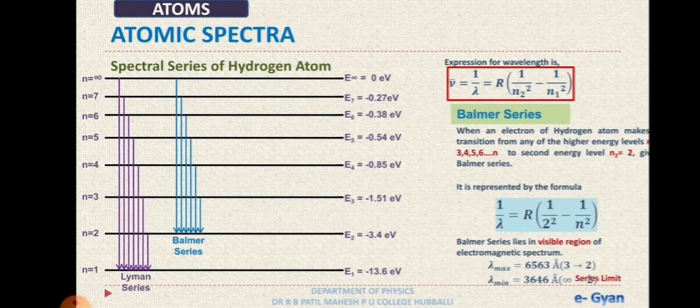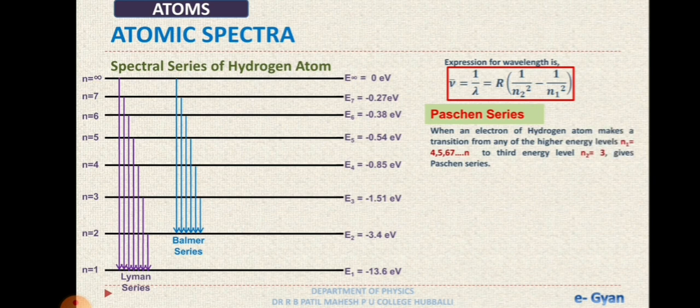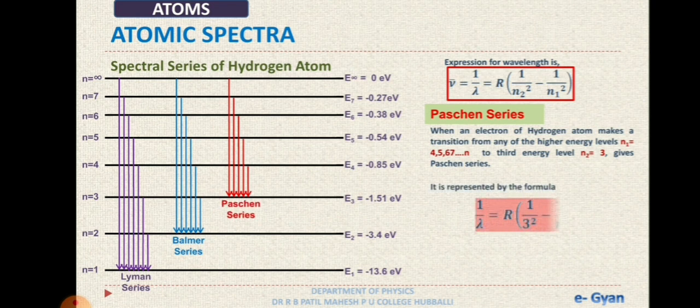After Balmer, we have the third series, which is called Paschen series. When an electron of hydrogen atom makes a transition from any of the higher energy levels, that is n1 is equal to 4, 5, 6, 7 and more, to third energy level, it gives Paschen series. So that is from infinity to third, 7 to third, 6 to third, 5 to third, 4 to third. It is represented by the formula 1 upon lambda is equal to R into 1 upon 3 square minus 1 upon n square.